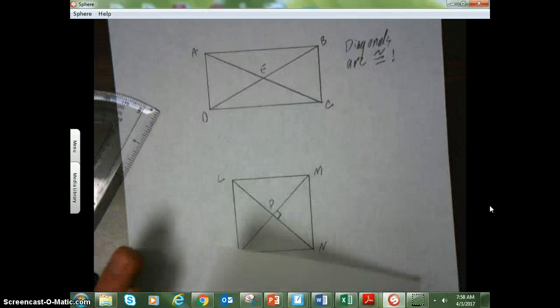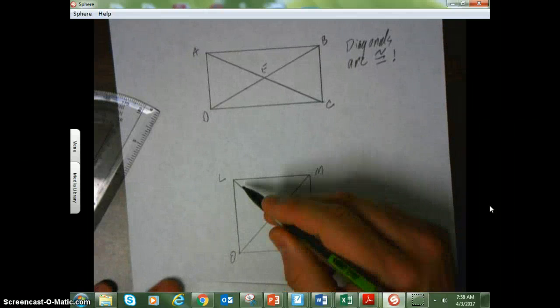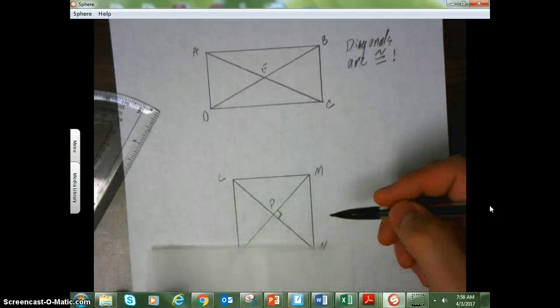One of the other things that we notice about a rhombus is that the diagonals bisect the angles.